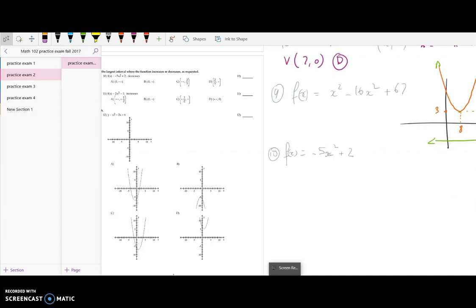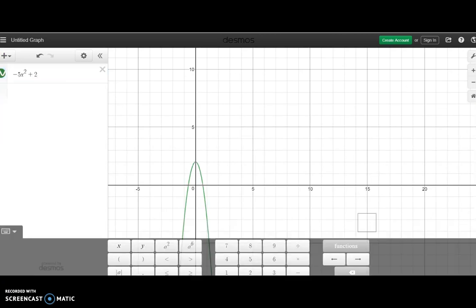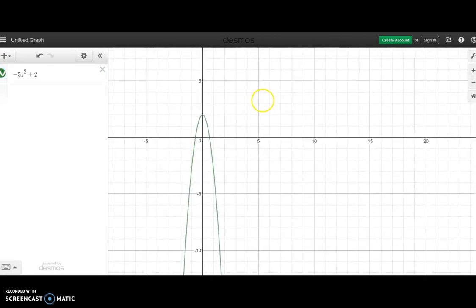And I'm looking for the largest interval where the function increases or decreases. When I look at my graph, what do I see? Negative 5x squared plus 2.